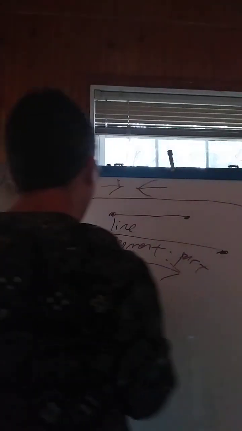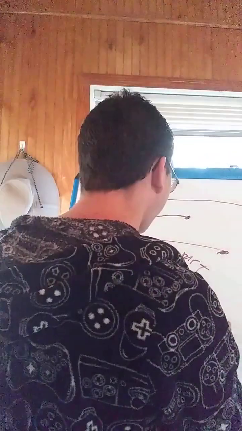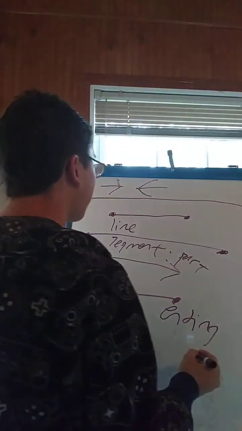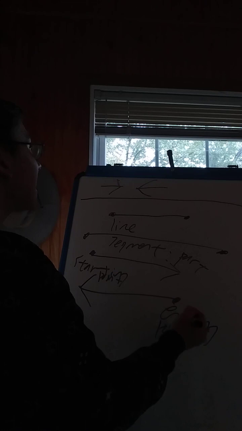However, if the dot is over to the right part of the line, then it is called an ending point, going from left to right. Or starting, going the other way. But this is the ending point.